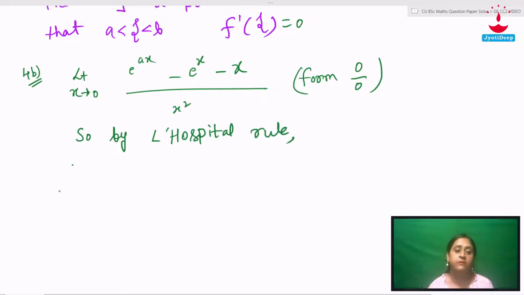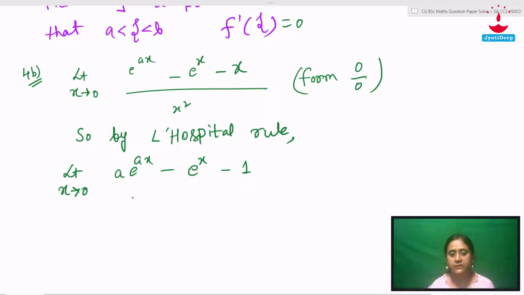what we will do? We will differentiate numerator and denominator. Differentiating e to the power ax, we get a into e to the power ax, minus e to the power x, minus differentiation of x, which is 1.